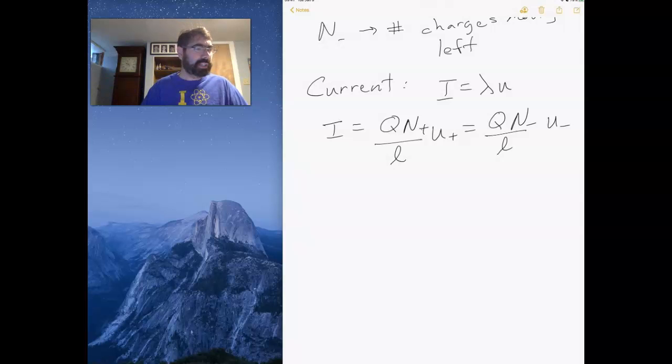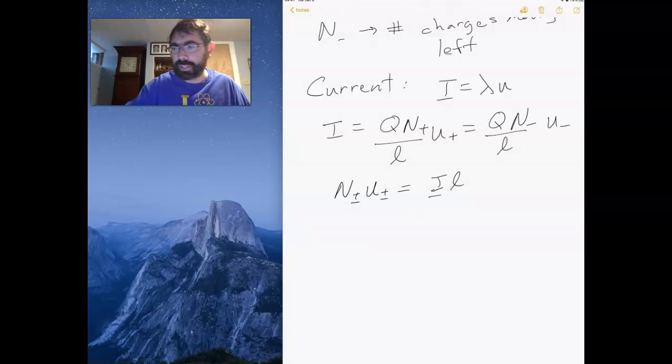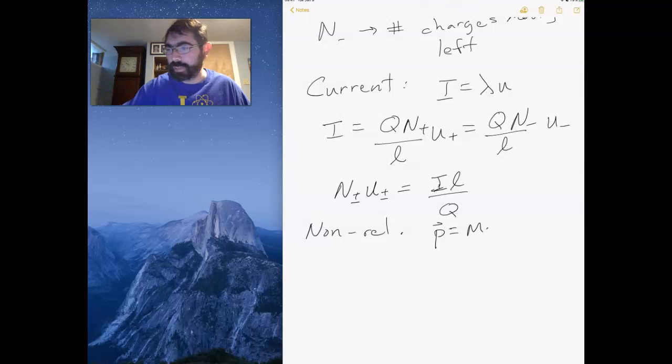Okay, so then we could rewrite this as the number of charges, either plus or minus, times their speeds, either plus or minus, is equal to the current times the length divided by the charge. So all those things are constant in the problem. So if we look at this non-relativistically, the momentum is the mass of the particle times its speed. So I'm going to call this one particle.